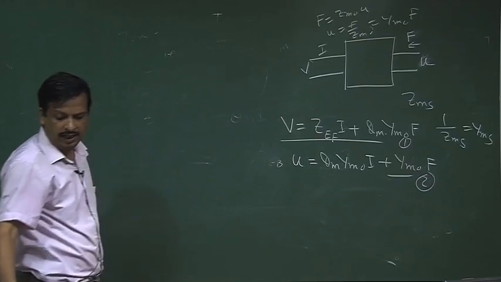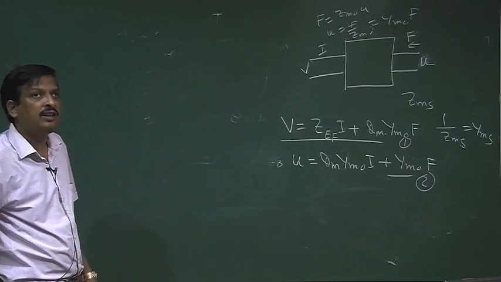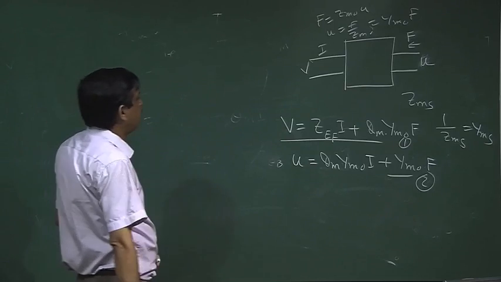Same thing. Can I draw the equivalent circuit for an anti-reciprocal transducer?